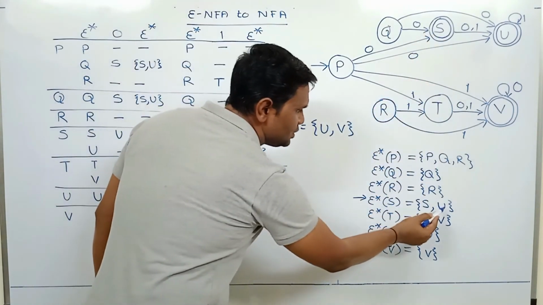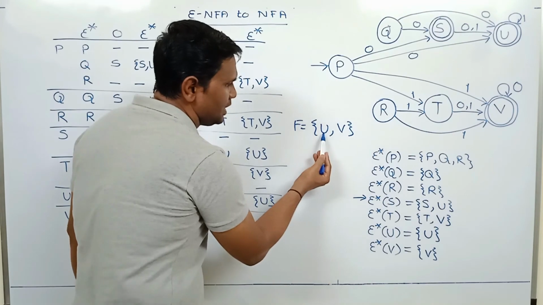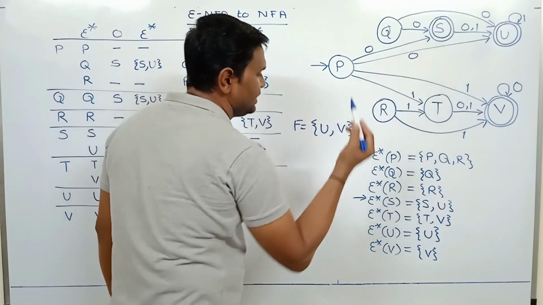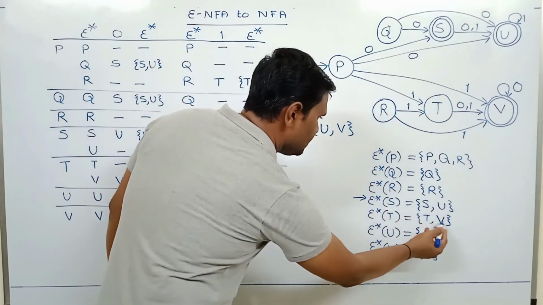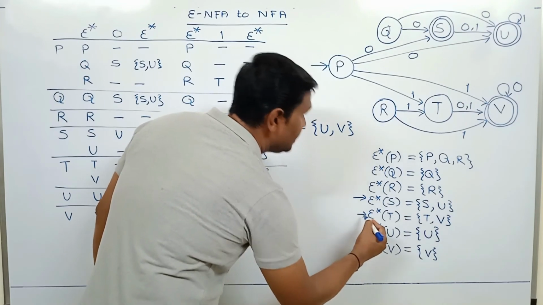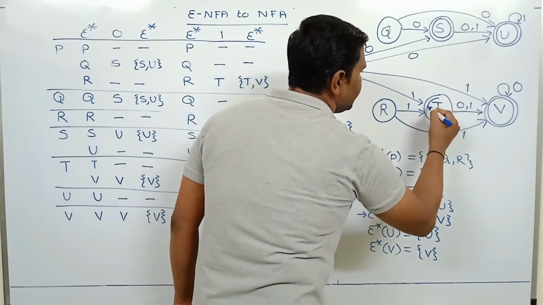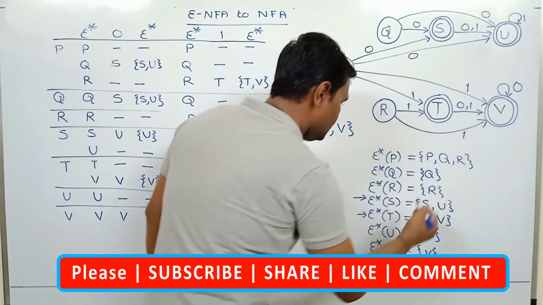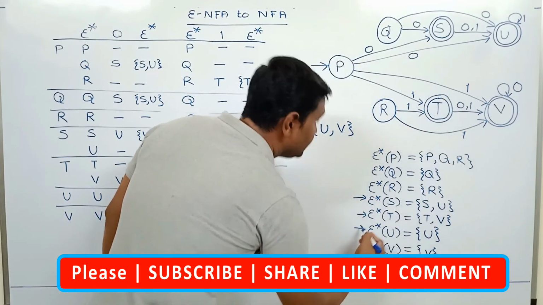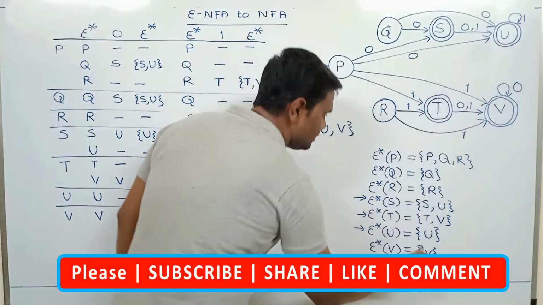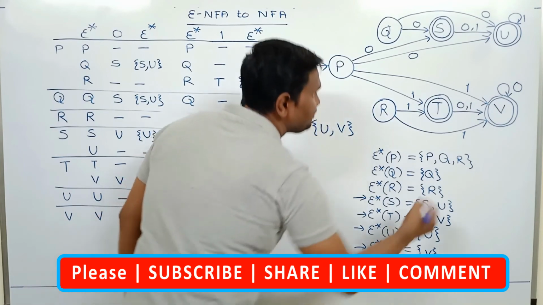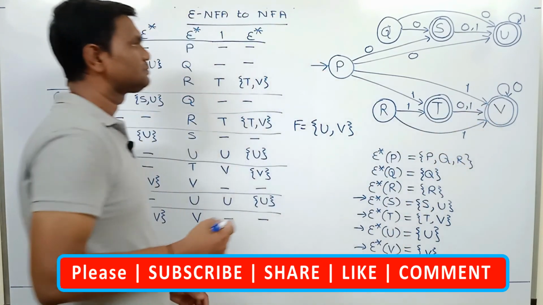State S contains U, which is final state in epsilon NFA, we mark S as final state. Then V is over here, so state T, we have to mark final state. U, it contains U, it is already marked. V, it contains V, it is also already marked.